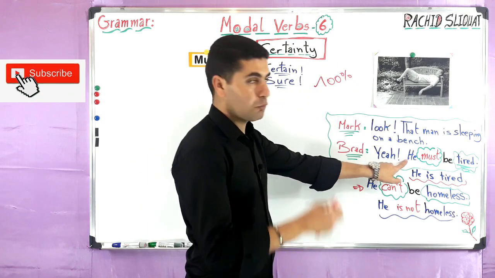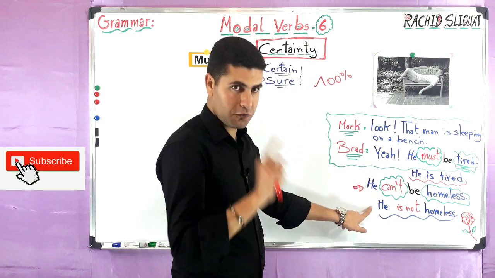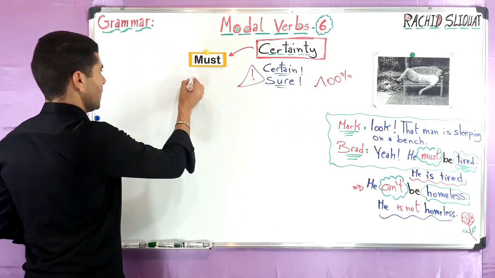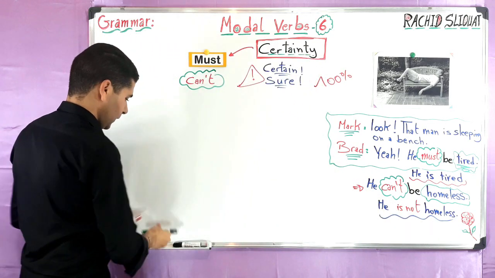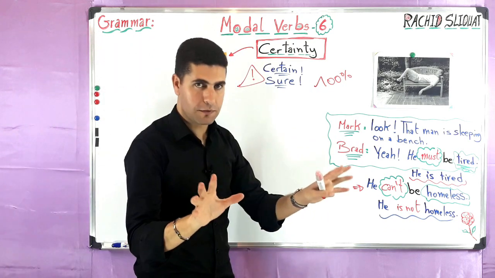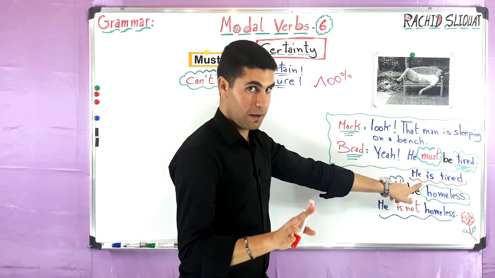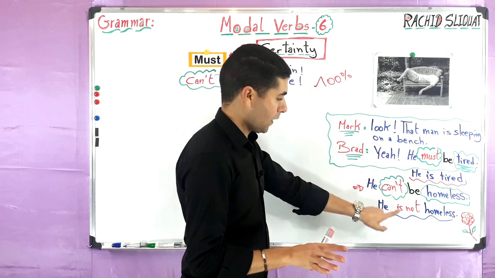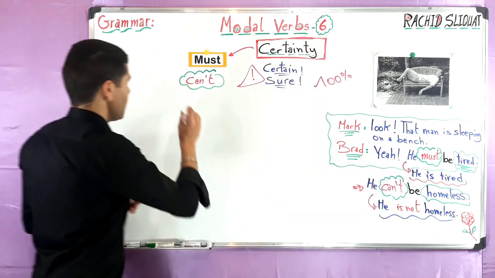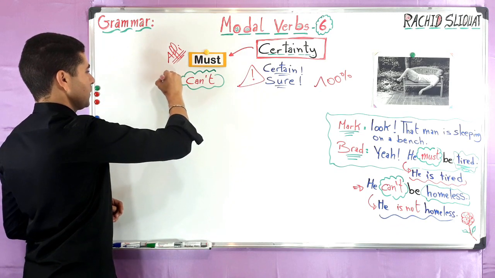So here we are sure he is tired, and here we are sure he is not homeless. So the modal verb is can't. Alright, can't and must. The difference here: must is for affirmative, and can't is for negative.